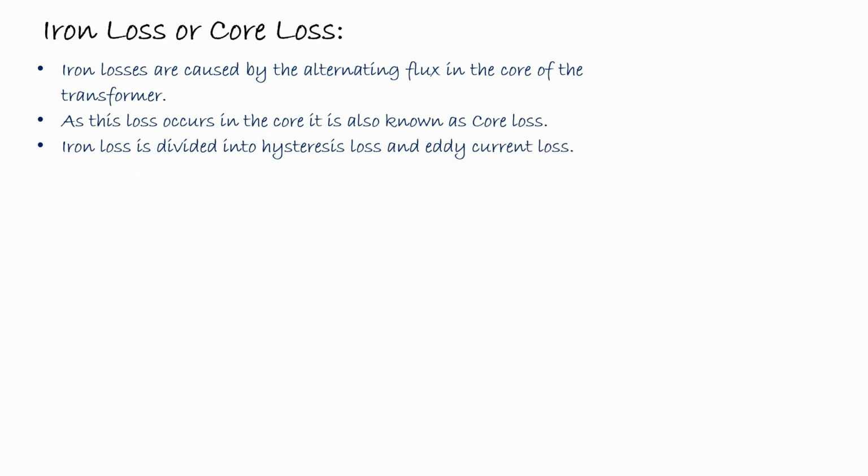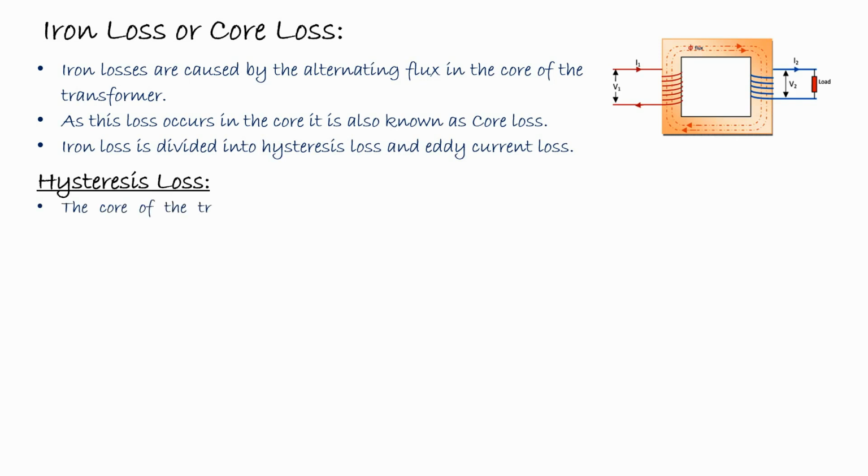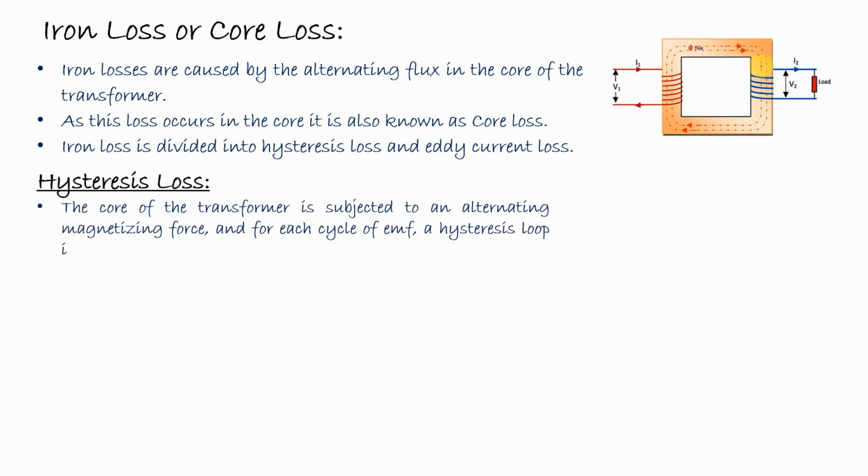Basically, the transformer core is made of ferromagnetic material where the alternating flux is flowing, and when this alternating flux flows through the core material, two types of losses occur there. One is called the hysteresis loss, which is represented by Ph, and another is the eddy current loss, which we will discuss later.